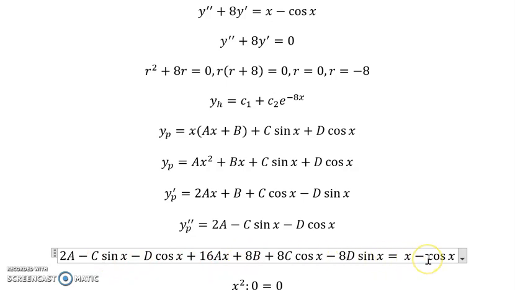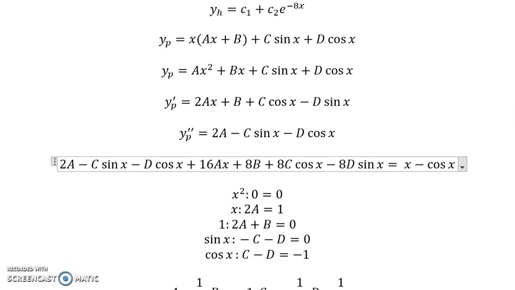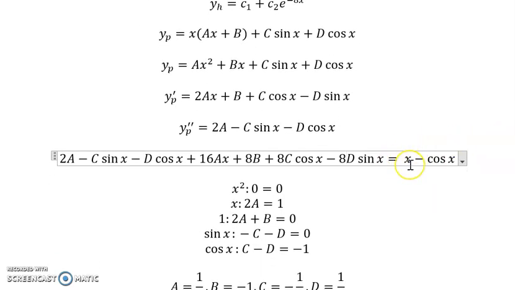And then, just like before, we're going to try to combine like terms. On this side of the equation, I don't have any x squared terms, and on this side of the equation, I don't have any x squared terms. So I'm doing this just for the sake of completeness, but I have nothing and I have nothing, and so that's fine.